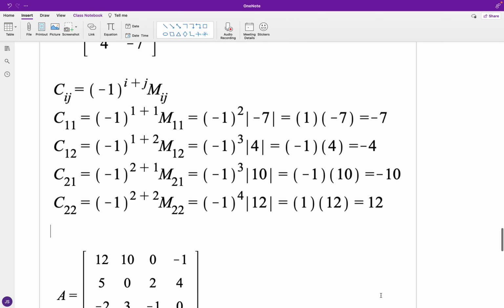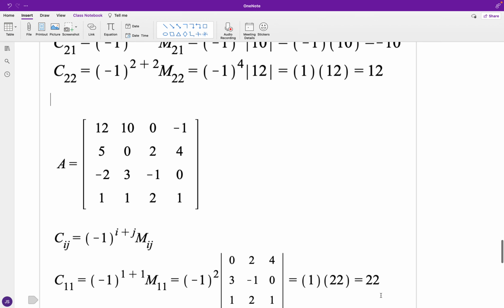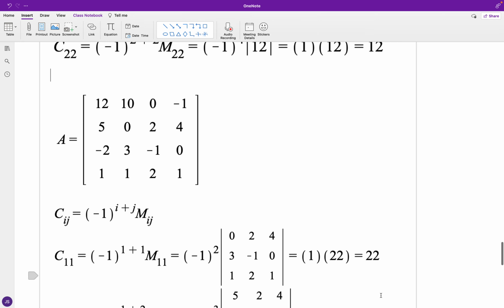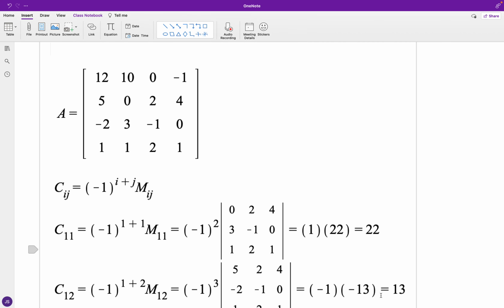And again, for the monstrous 4x4 matrix, if I'm looking at just the top row, looking at the cofactor of the first row, first column, we have negative 1 to the 1 plus 1, which is negative 1 squared, which is 1.